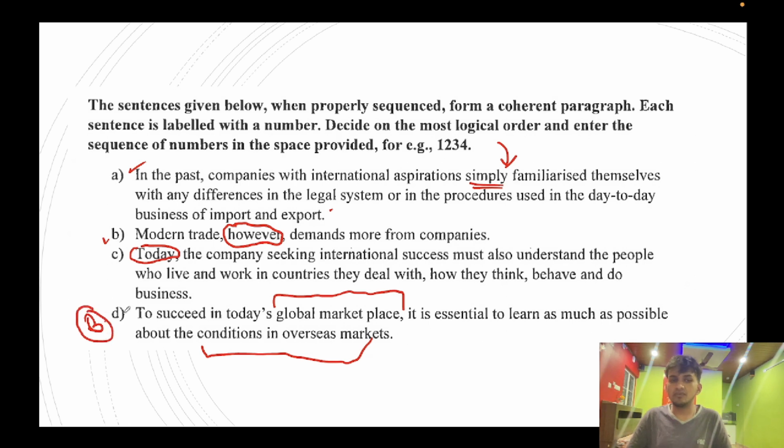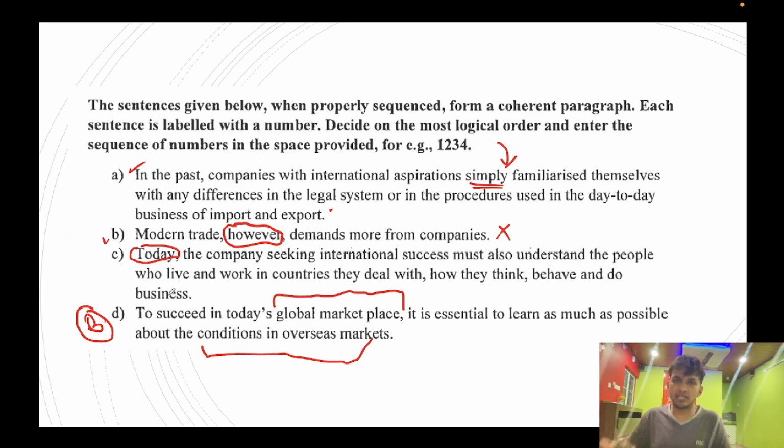What is next? We need to figure out the ending, right? Definitely they are not going to end with this, okay? And by looking at the chronological order, since he is starting with a sentence that talks about succeeding in today's global marketplace, right? It is most likely that in the next sentence he is not going to talk about what is happening today, because he is giving a general introduction, right?